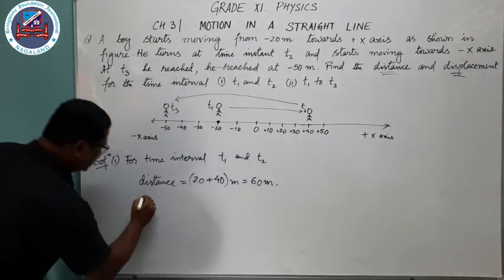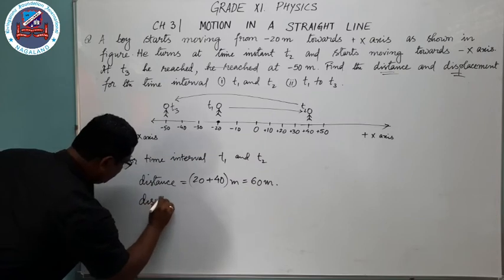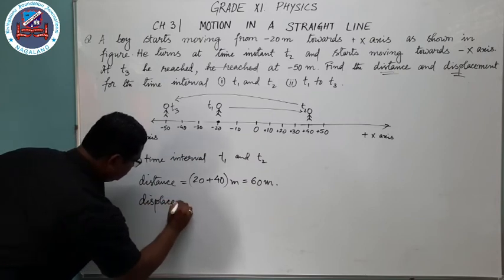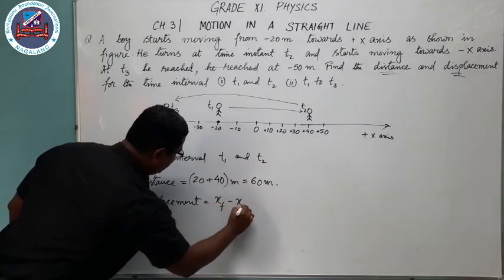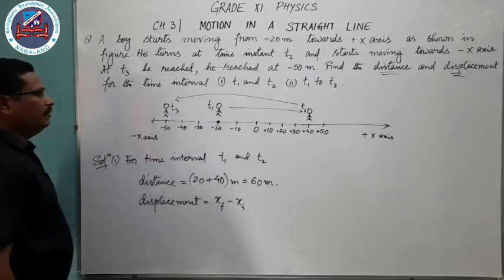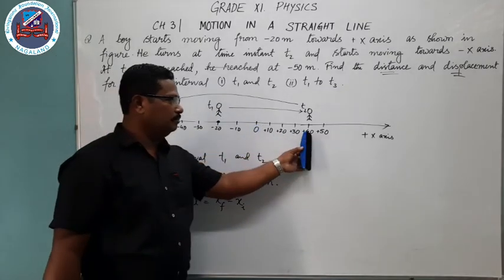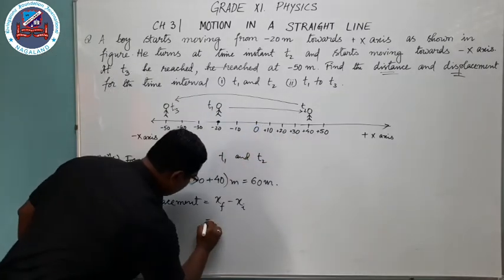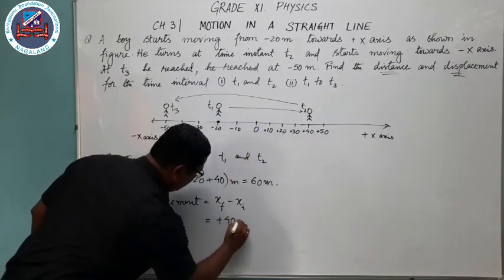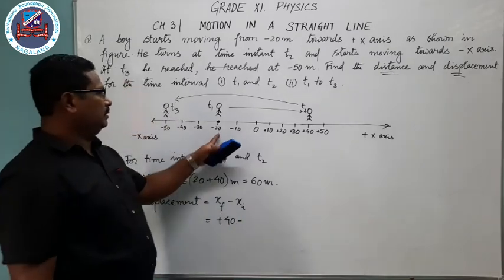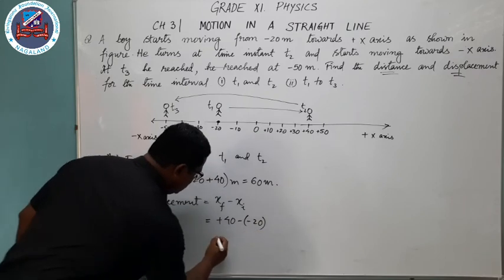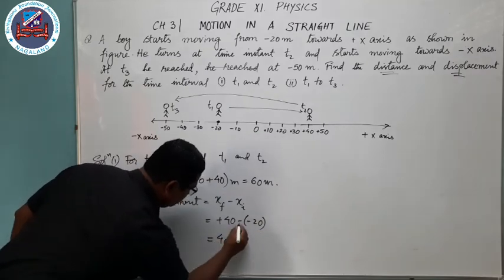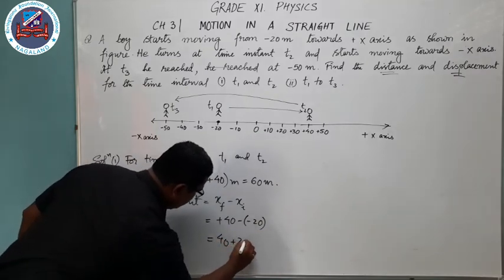And when we say displacement, you have final position minus initial position as the formula. Final position you see is plus 40, minus initial position, which is minus 20. So xi is minus 20. So it will give you 40 minus into minus is plus 20.